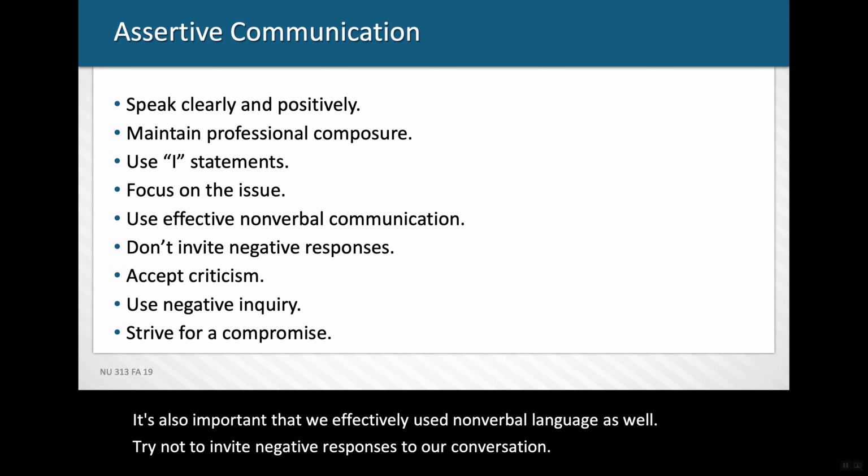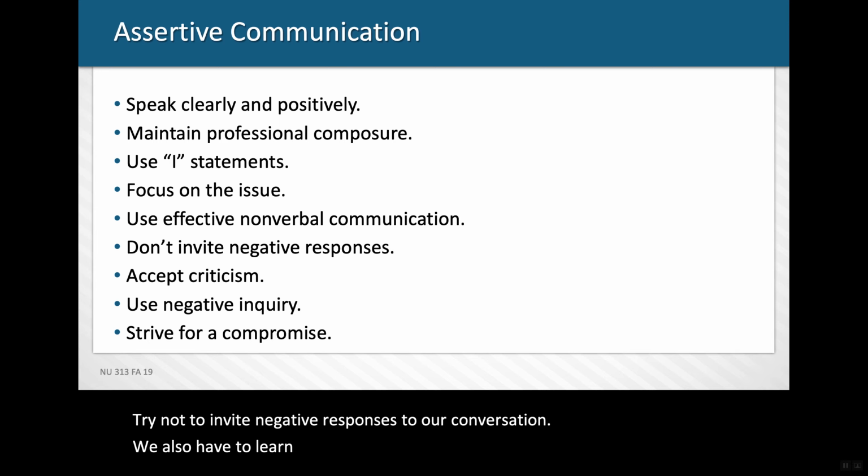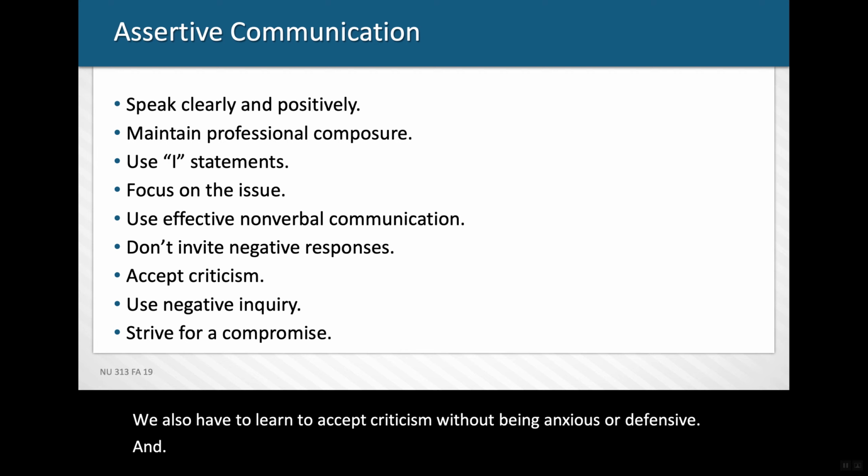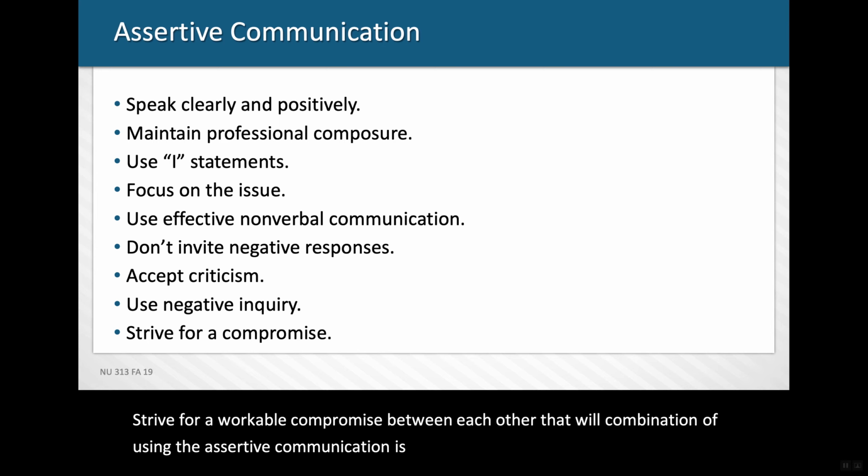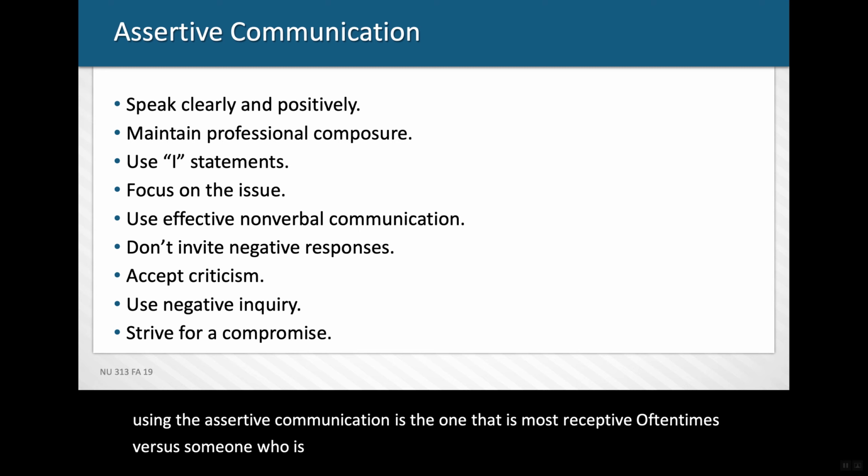We also have to learn to accept criticism without being anxious or defensive, and strive for a workable compromise between each other. That whole combination of using assertive communication is the one that is most receptive oftentimes versus someone who is very aggressive.